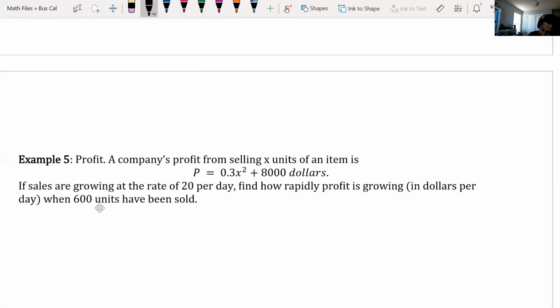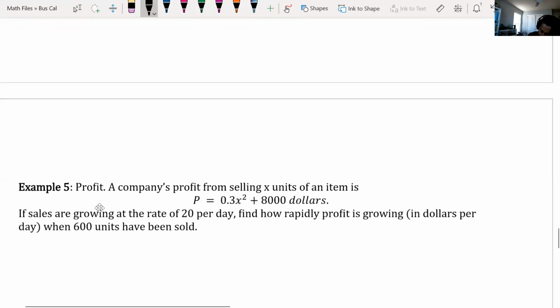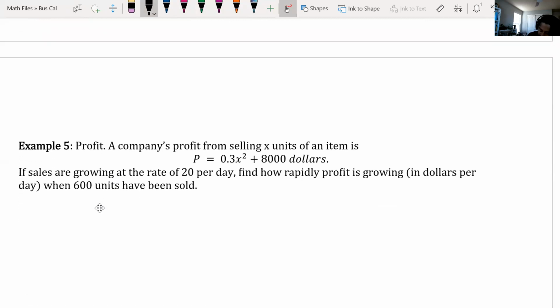So this means that X is the number of units, which means that X prime would be the rate of change of units. And I'll just say rate of units. Okay.